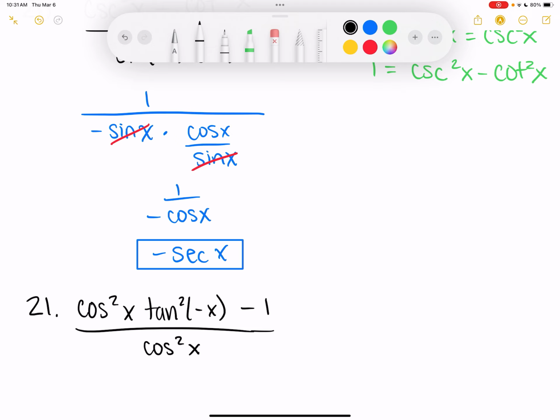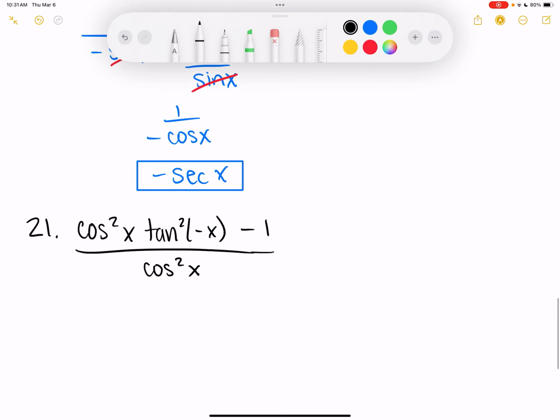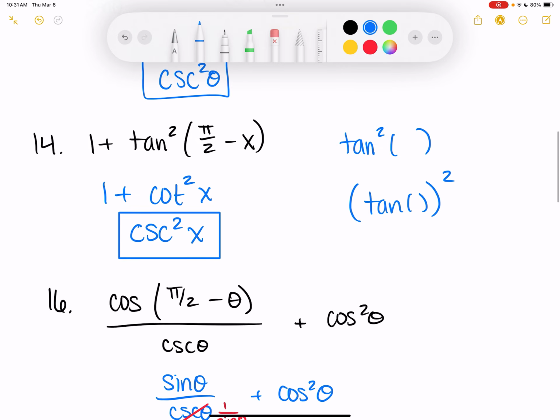I would have to be able to factor it out, so I can't do that yet. So, I'm going to first deal with the tangent of minus x. What is the tangent of minus x? Negative tangent x. Tangent squared of whatever's inside is tangent of whatever's inside all squared.